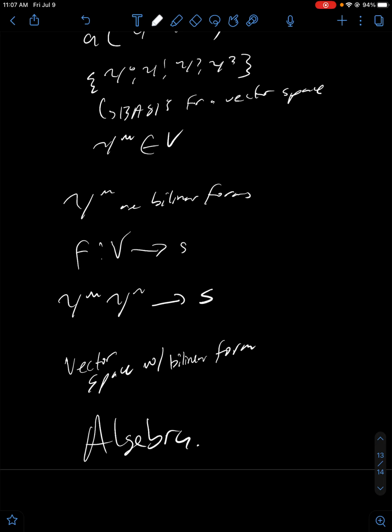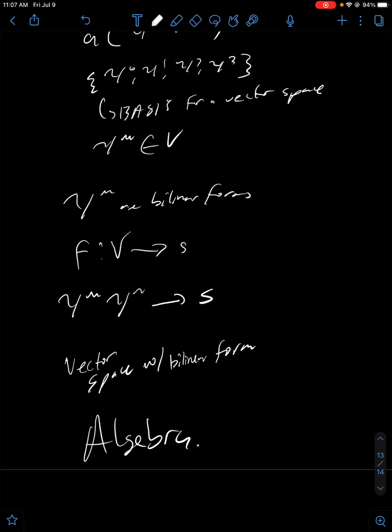But the algebra that we're dealing with isn't the algebra like y equals mx plus b. We're talking about algebra structures in math, and an algebra is defined as a vector space that has a bilinear form to it.